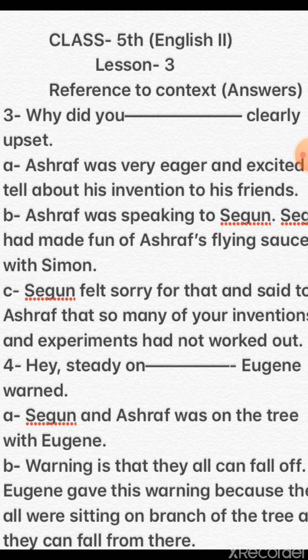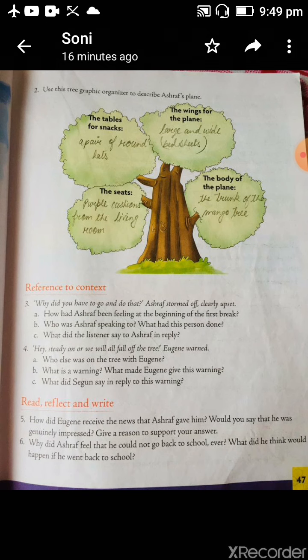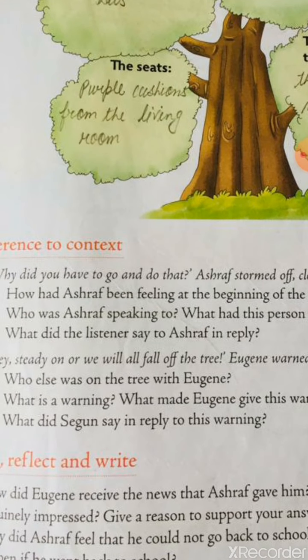Okay, now come to the last question of this reference to context. What did Sagan say in reply to this warning? I hope you all remember that. Sagan said that next time if you are inventing such a thing, you have to invent one parachute also, right?